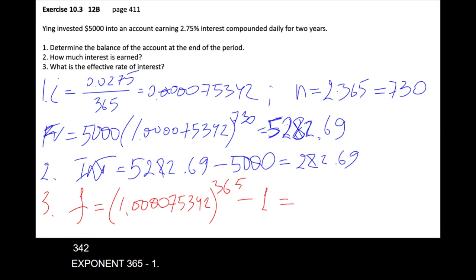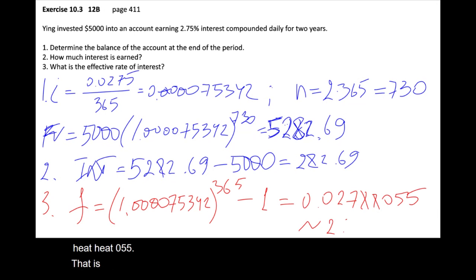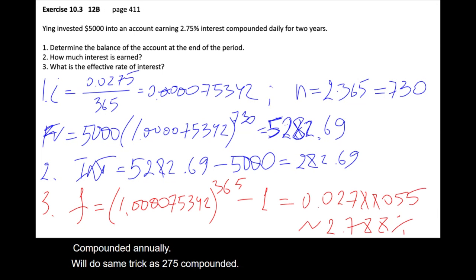Okay, so 1 plus equals 0.02788055. That is approximately 2.788% compounded annually. We'll do same trick as 2.75% compounded daily.